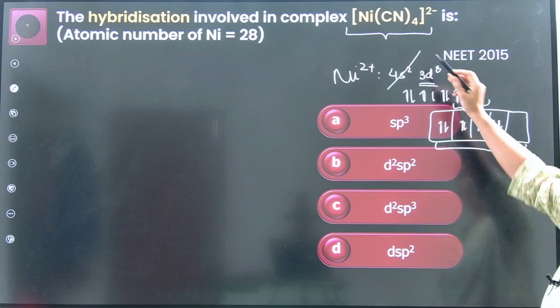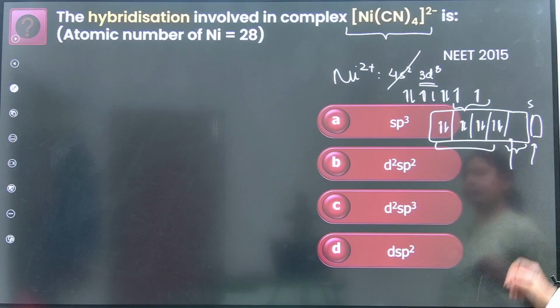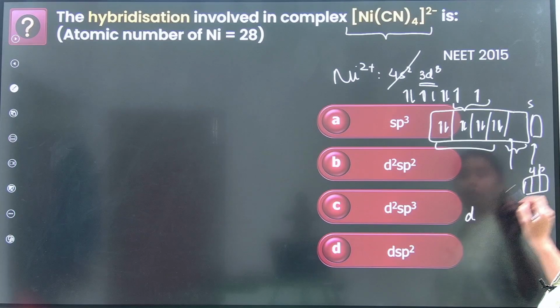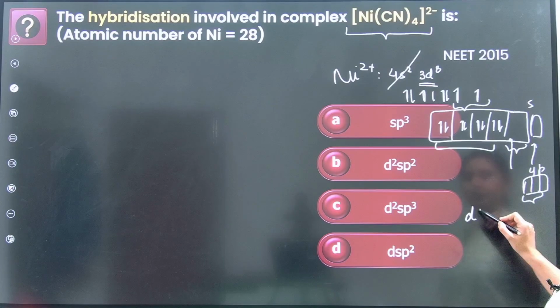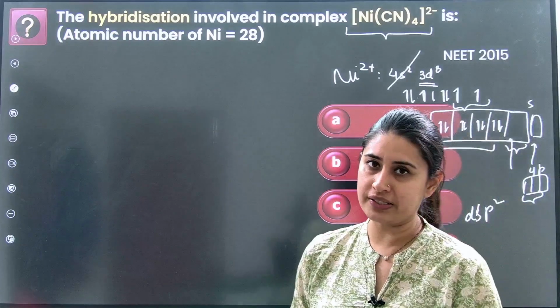So one of the cyanides will go there, the next 3 will go to the 4s and 4p. So the configuration involves 2 of the 4p, dsp2, square planar. D becomes the answer to this question.